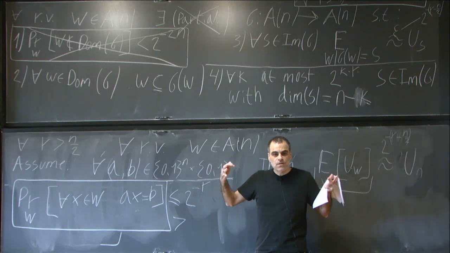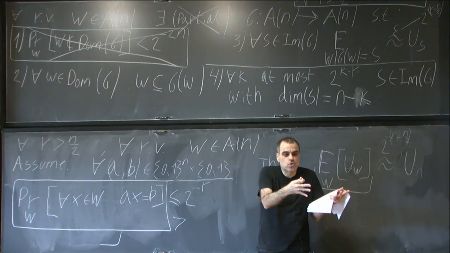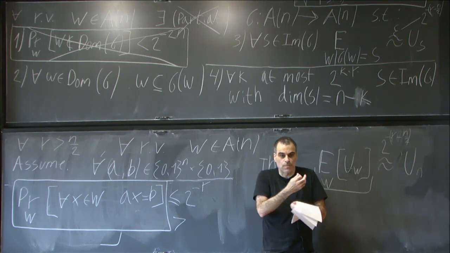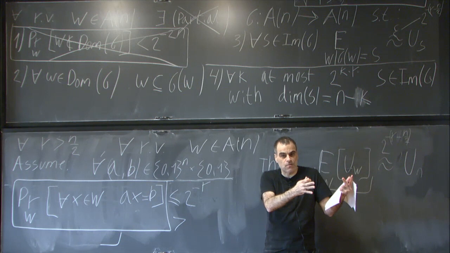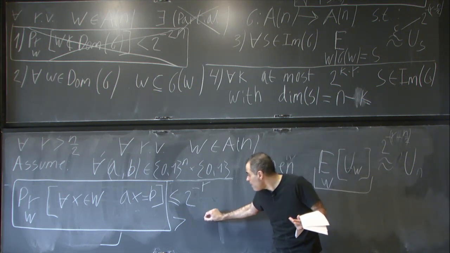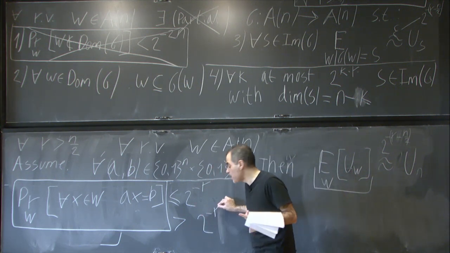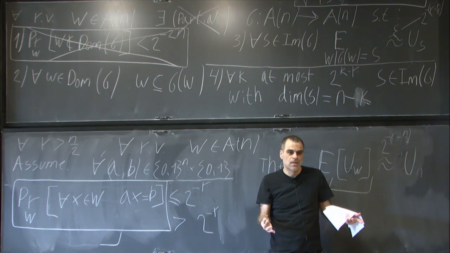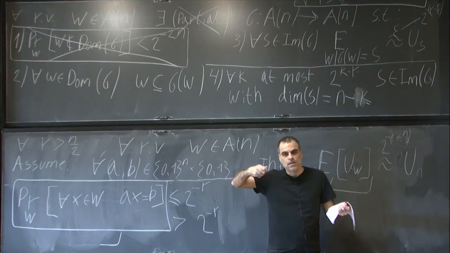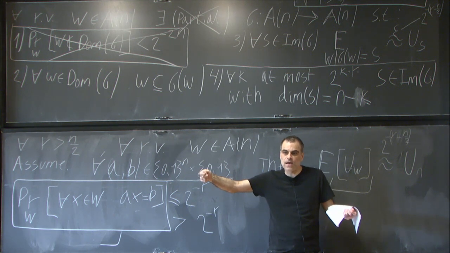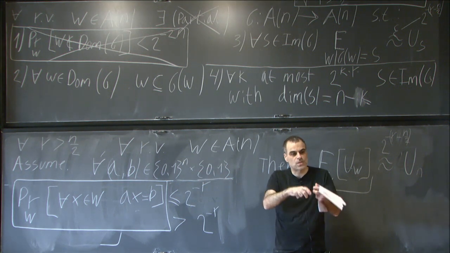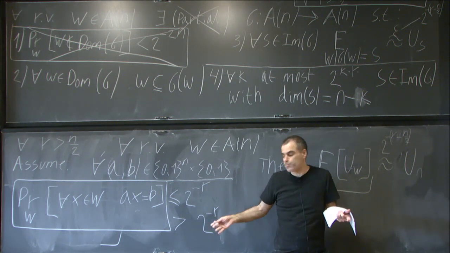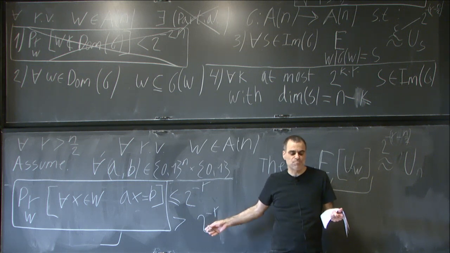So we just focus on the part of the space that satisfies Ax equal b, and on the W's that satisfy Ax equal b. It happens with probability 2 to the minus r, so it's not such a small probability. And there we continue by induction until, after k iterations, at some point we get to a space S that satisfies it.